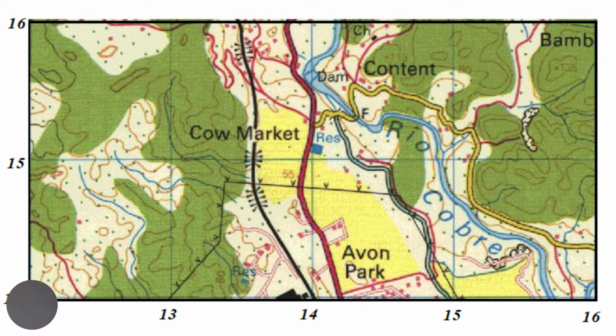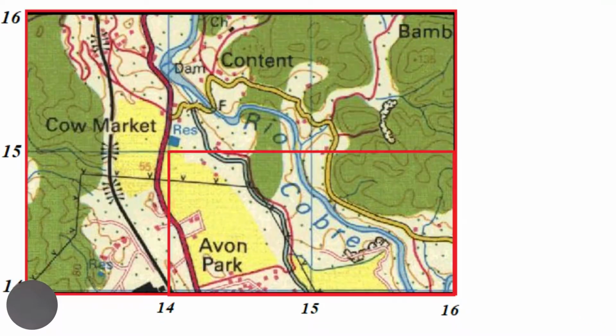Now, what if we wanted to create a sketch map at an enlarged scale? Let us say that we wanted to show the area between easting 14 and 16 and northing 14 and 15. And we want to do this so that the sketch map will double the size of the original map.